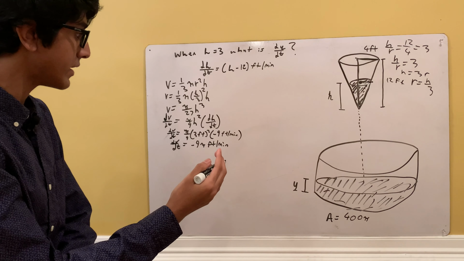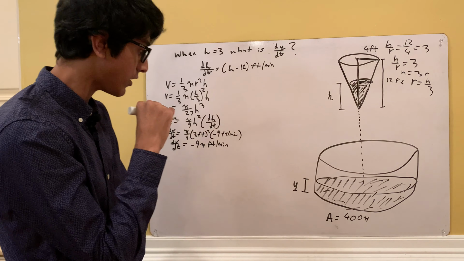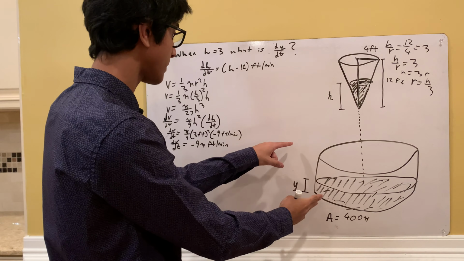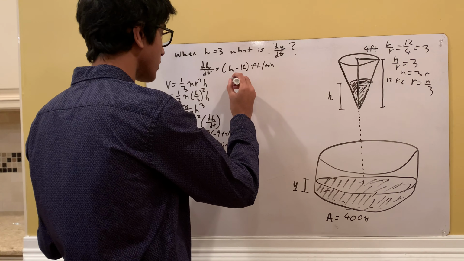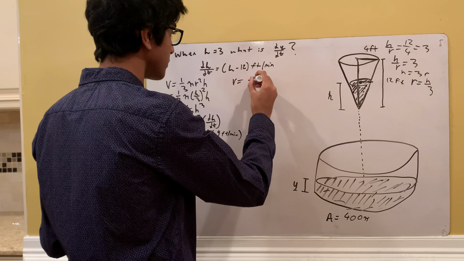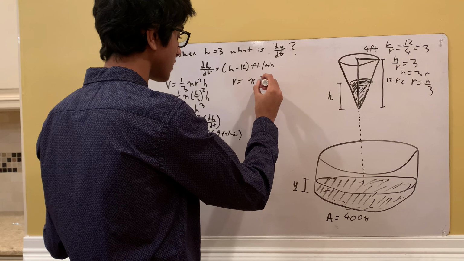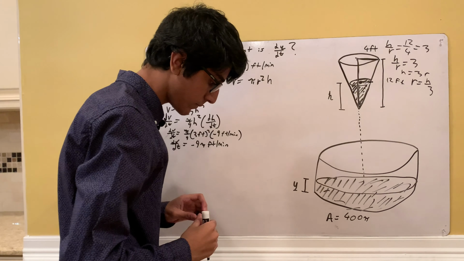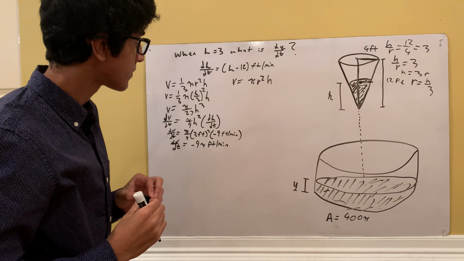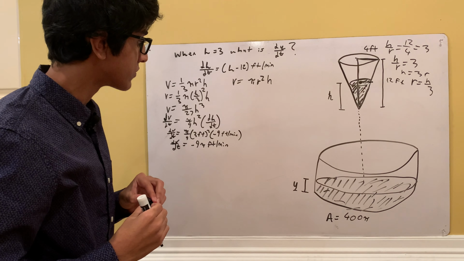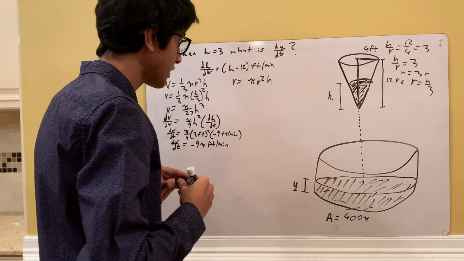Okay, so now let's try to differentiate a function using the second container. The volume of a cylinder is equal to pi r squared h, and we know that pi r squared is equal to 400 pi.